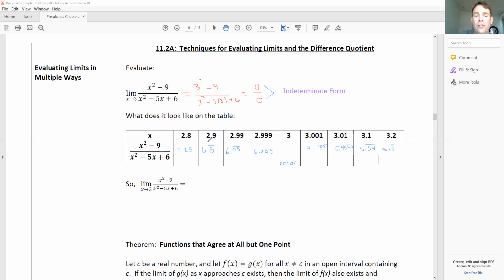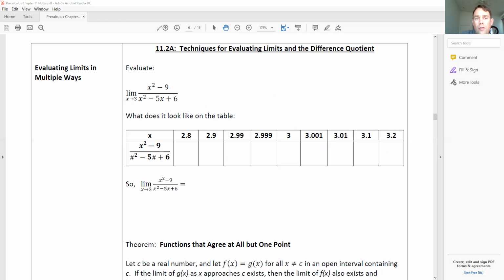But if you look at the table, it kind of looks like it goes somewhere. It kind of looks like it goes to that number 6. Even though our calculator doesn't think so, it kind of looks like it goes to the number 6.